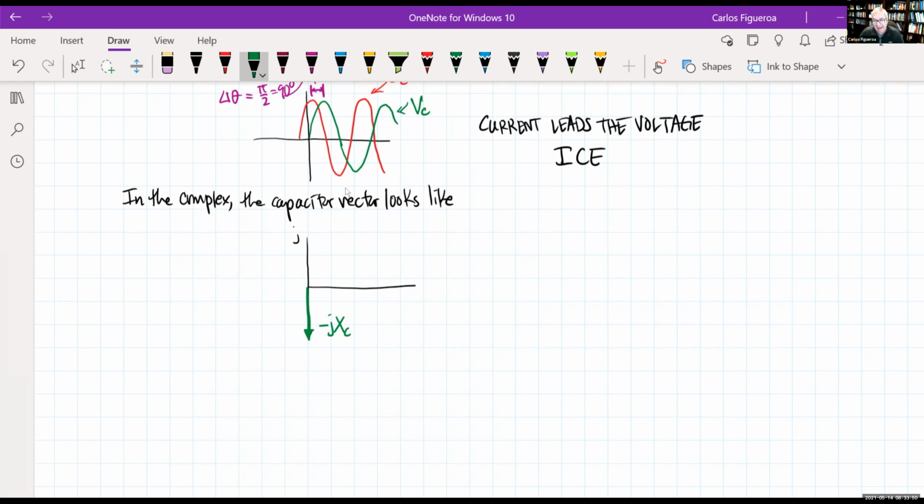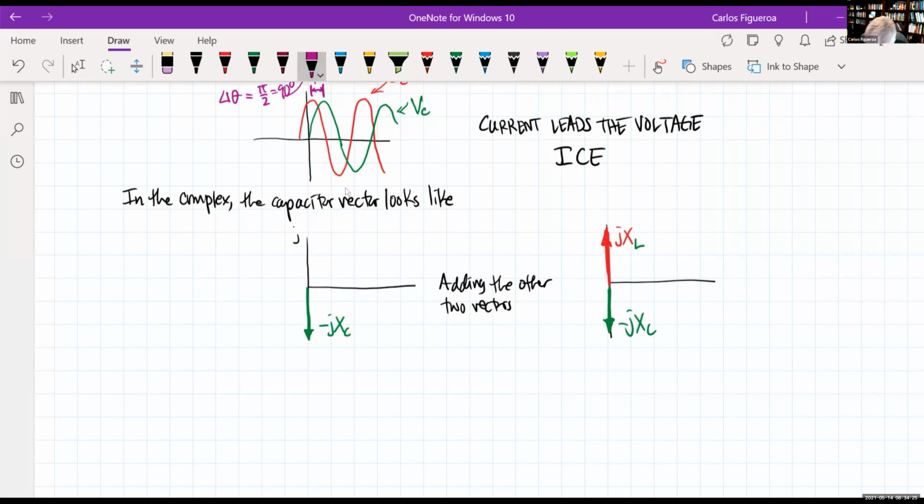So if we now add the other two, you could see here that now I have situations where I'm going to have my jXL, my minus jXC, and my XR.